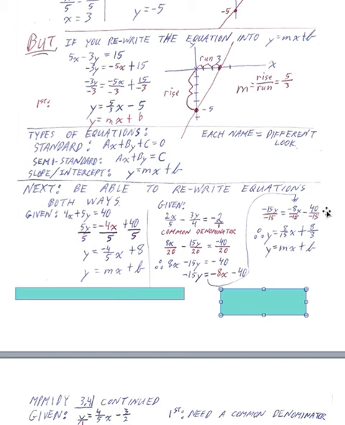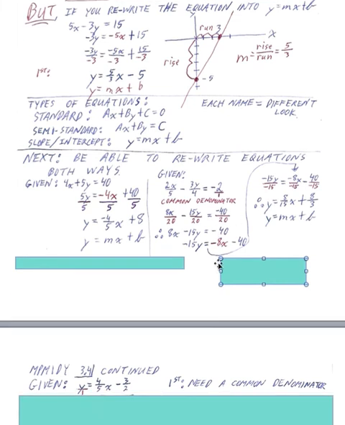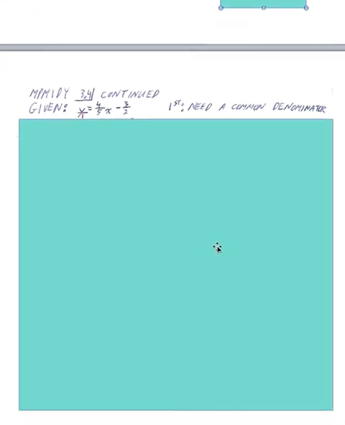On the other hand, I've got negative 40 divided by negative 15. That's how I got the plus. And 40 and 15 have a common factor of 5, which I can divide out. Hence, 8 over 3. So what looked like a nasty looking equation can be rewritten into y equals mx plus b. All right? All right, let's go to page 2.